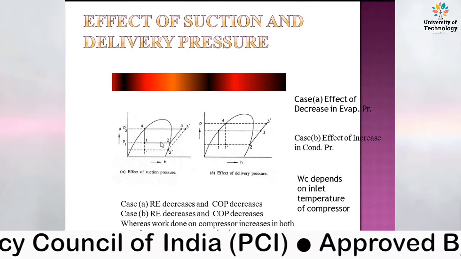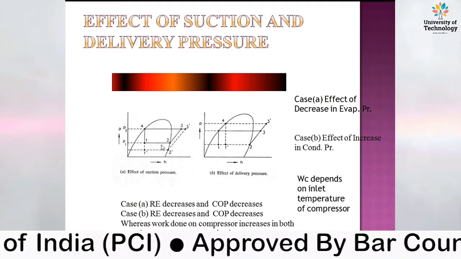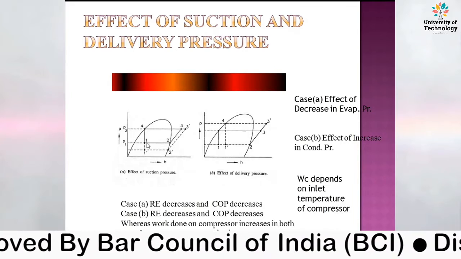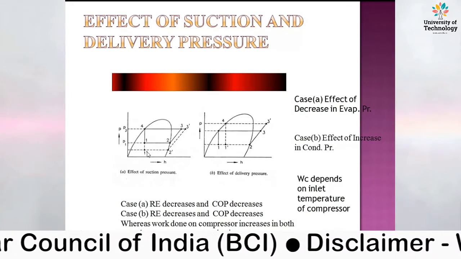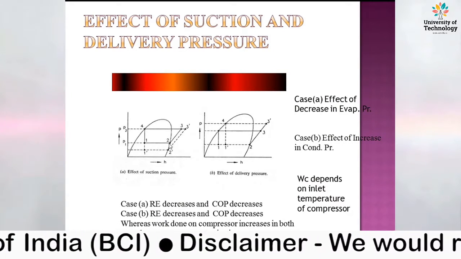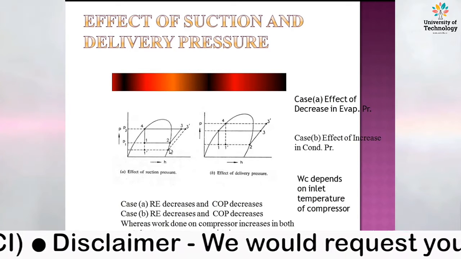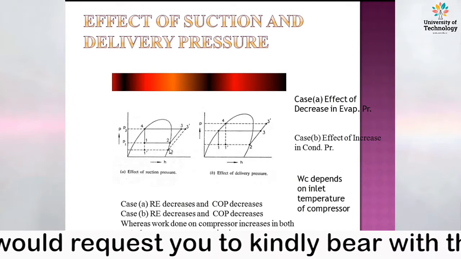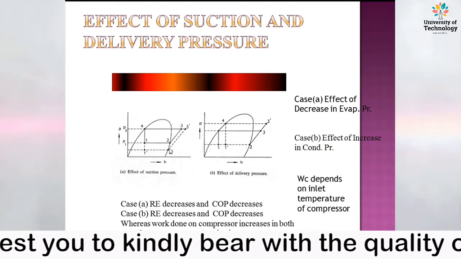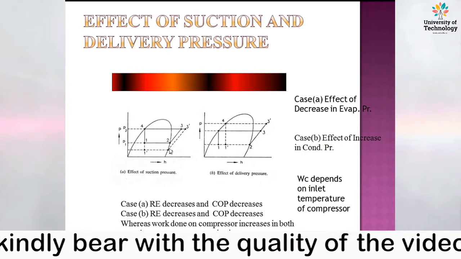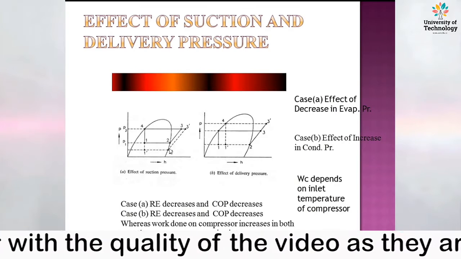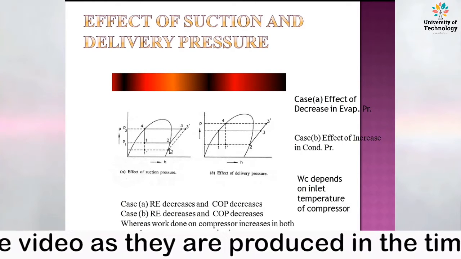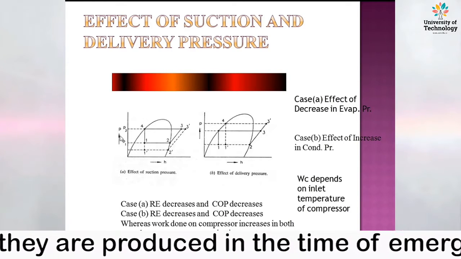By reducing the evaporator pressure, point H1 equals H1 dash, where H is the specific enthalpy, and S2 dash is less than S2. So what is the refrigerant effect?